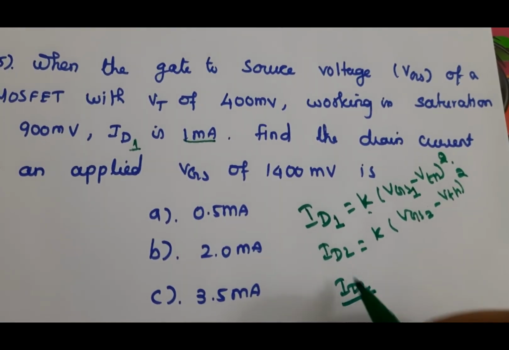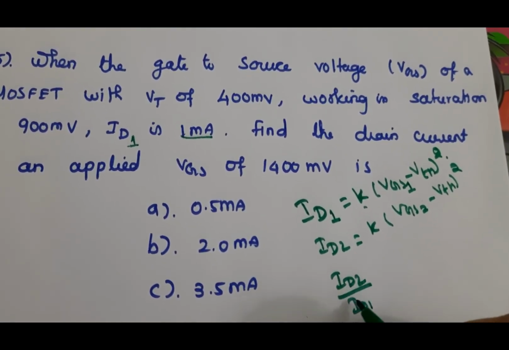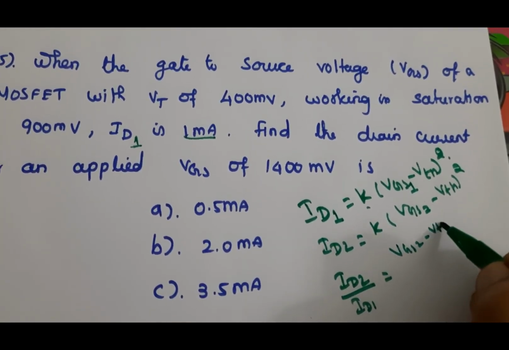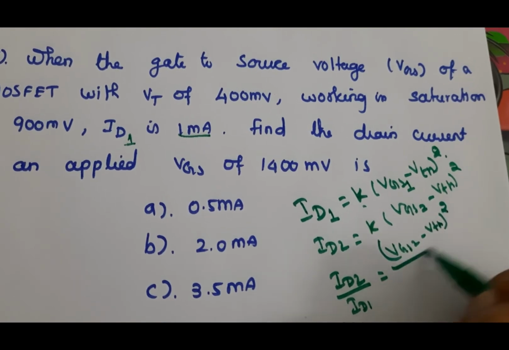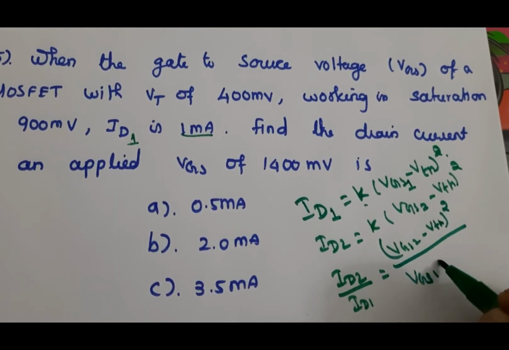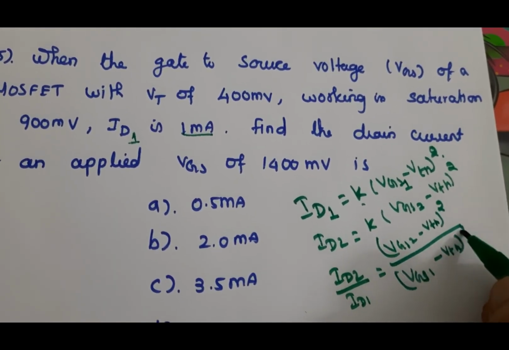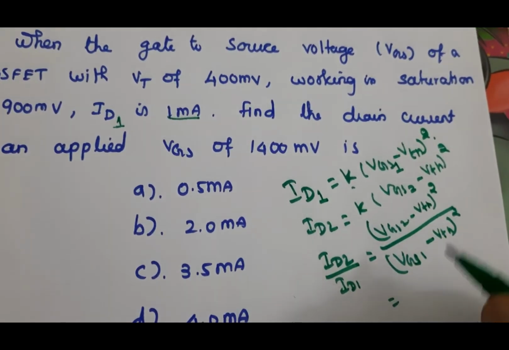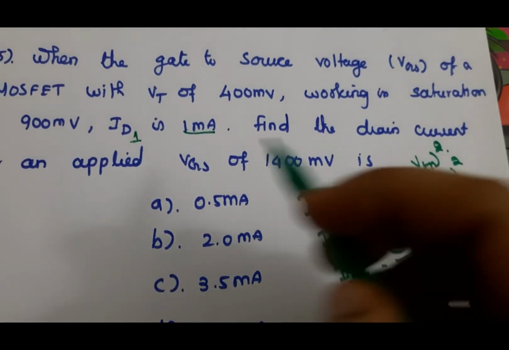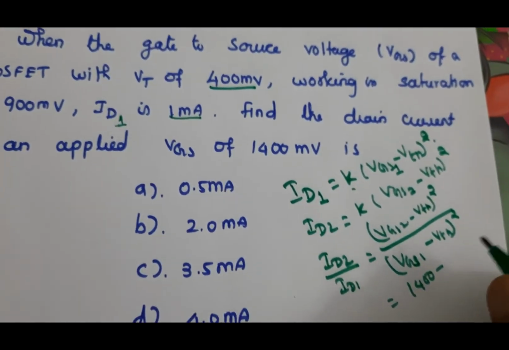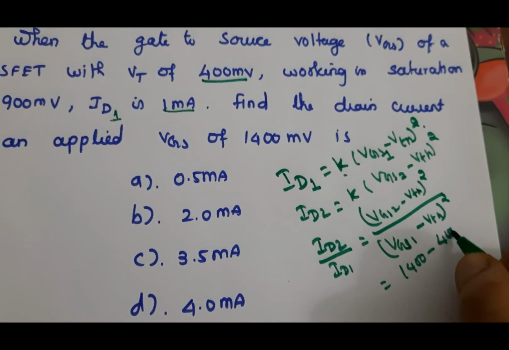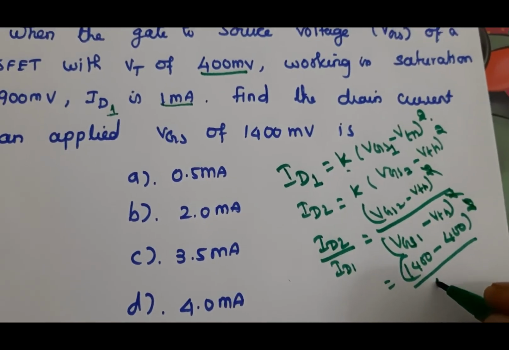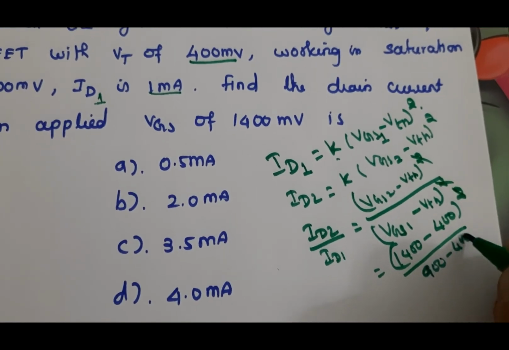Take the ratio: ID2 divided by ID1 equals VGS2 minus threshold voltage, the whole square, divided by VGS1 minus threshold voltage, the whole square. The second voltage is 1400 and the threshold voltage is 400 millivolt, the whole square. The other one is 900 minus 400.